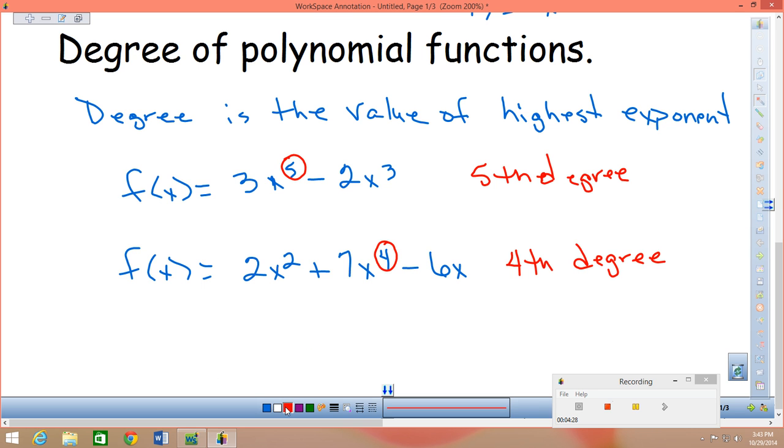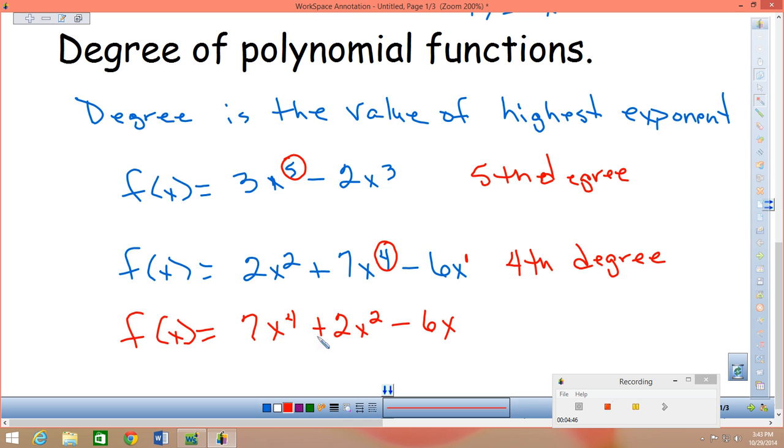So the proper way that this one should be written would be this one first, 7x to the 4th, then this one would be next, plus 2x squared, and then this x that would have a 1 right there would be minus 6x.